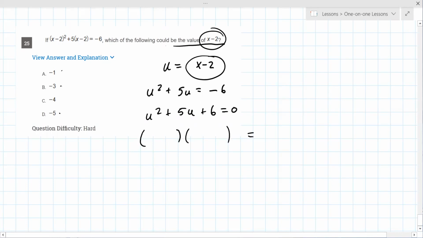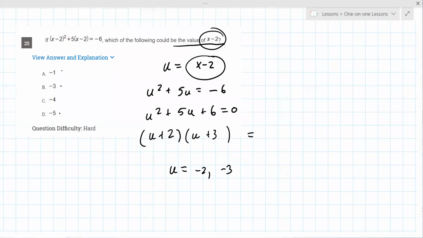Right. Equals -6. So the only answer is -3 then, because the other one's not there.